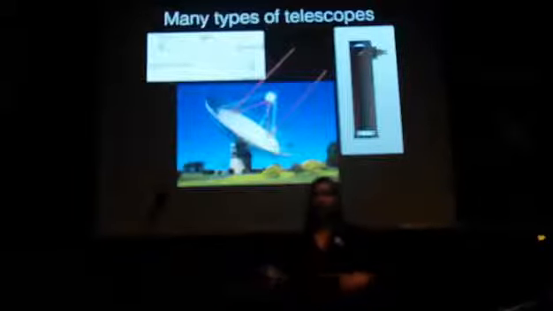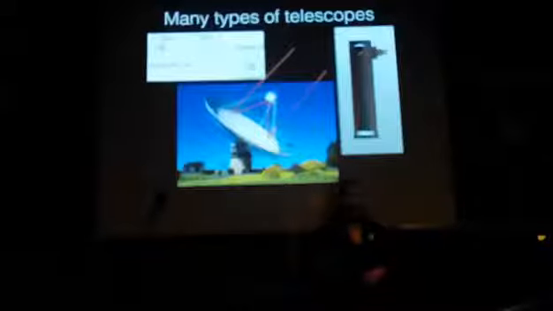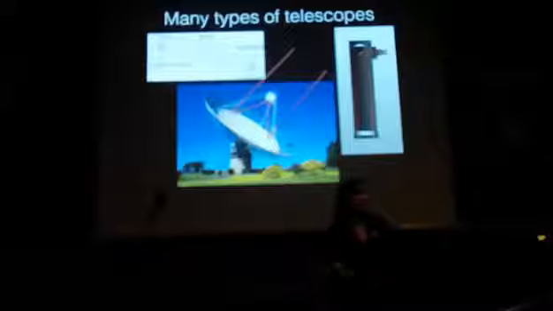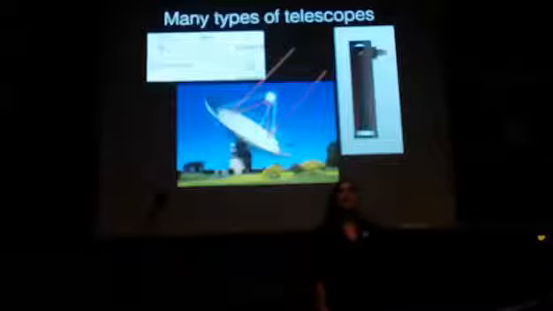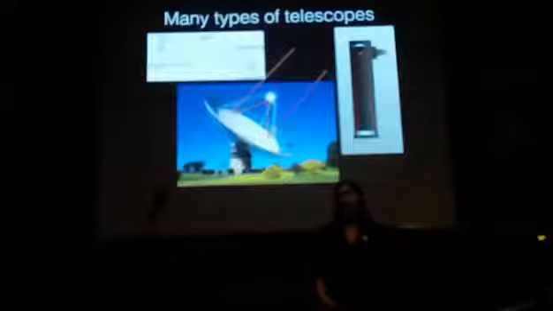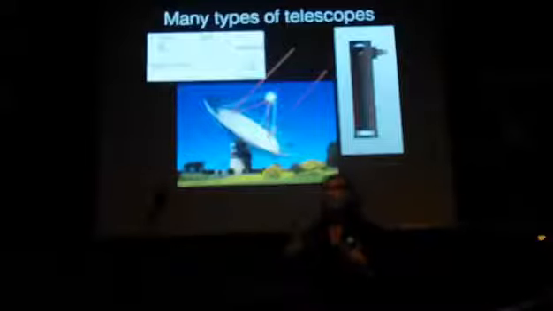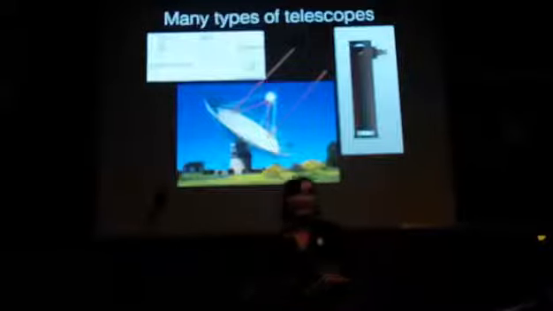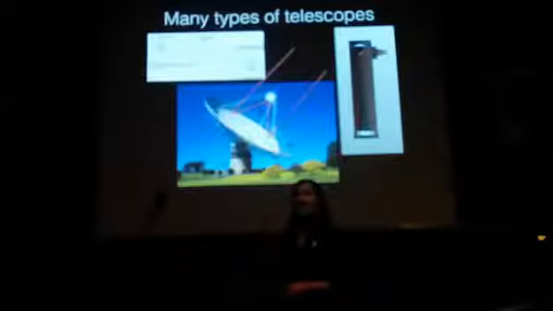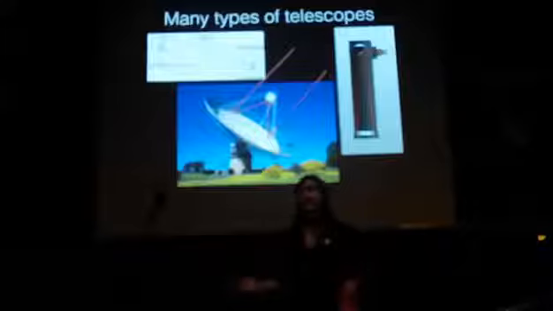But if we took any of these telescopes that you see up here and tried to look at X-rays with them, X-rays will just go right through. You'll see nothing, and all of that time will be wasted. So we have to come up with a completely new way of looking at X-rays because all of the other options that we have just simply won't work.